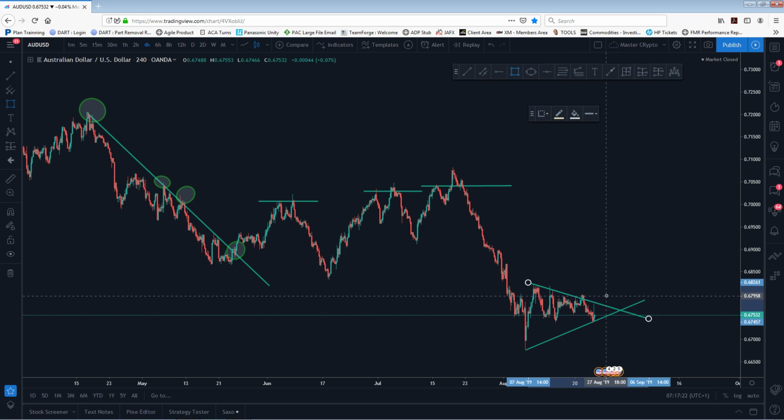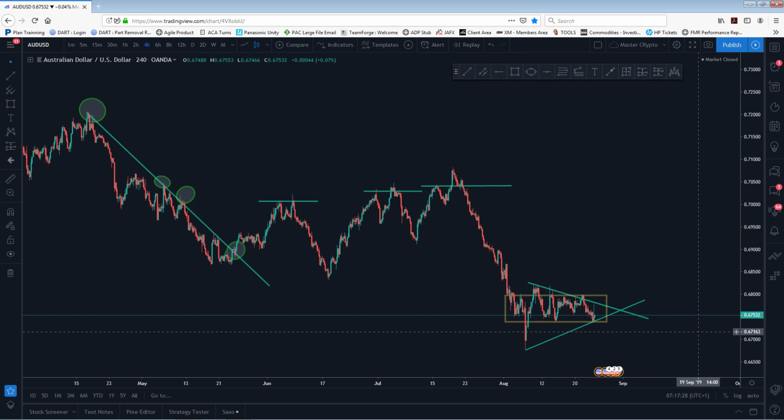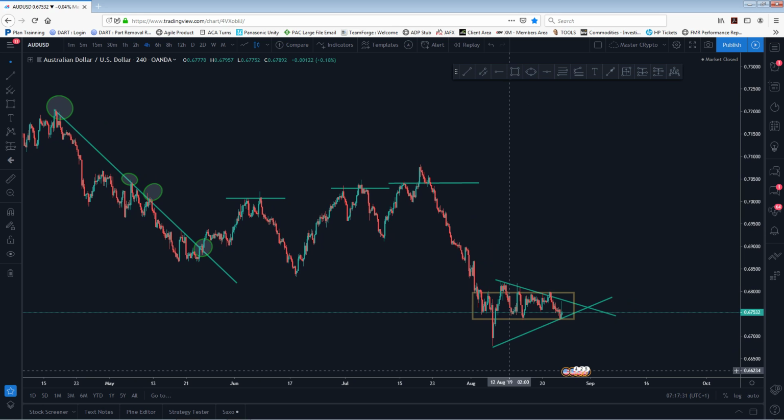All we're doing is finding patterns and shapes. Look, price is stuck in this zone here. Are we trying to figure out what's going on in here? No, this box here is random. We don't want to be caught in this area trying to buy and sell, because this is where you lose money.